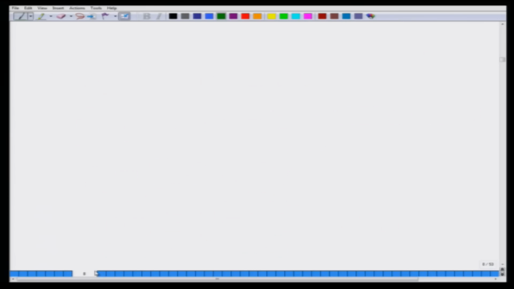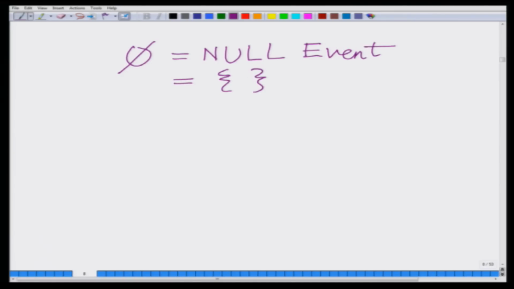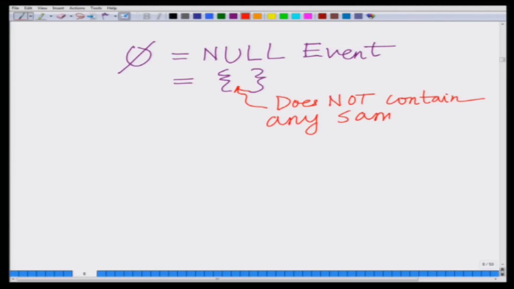And let us also define now a special event that is known as the null event. Phi equals the null event, also denoted by the empty set, that is, it does not contain any sample points.